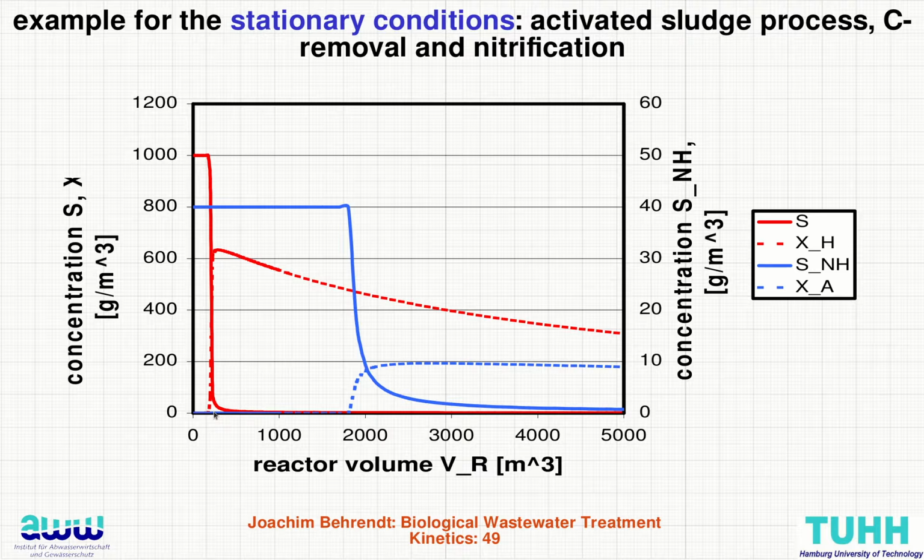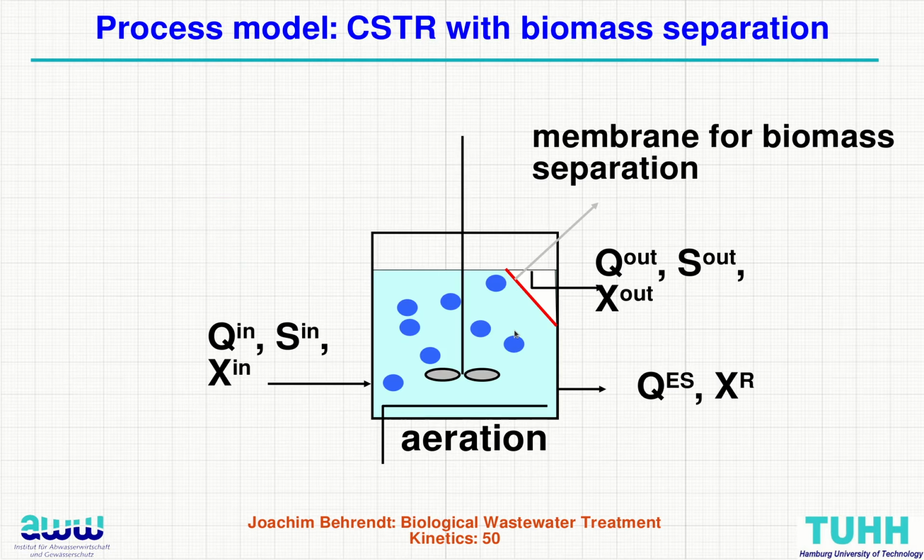Yes, and the biomass goes up, and for bigger reactor volumes goes down. And finally, we need at least 1900 or so cubic meters of reactor volume so that the autotrophic microorganisms can grow. This we will analyze a little bit deeper later.